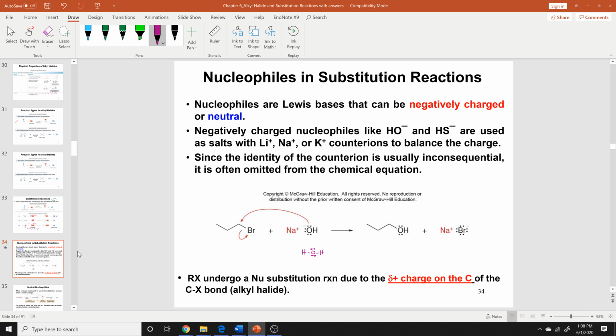If it has just lone pairs, then it is neutral, and neutral means weak nucleophiles. Another example of a weak nucleophile is ammonia, NH3. NH3 does have lone pairs on the electronegative atom. This makes it a nucleophile. But since it is neutral, that is going to be a weak nucleophile.